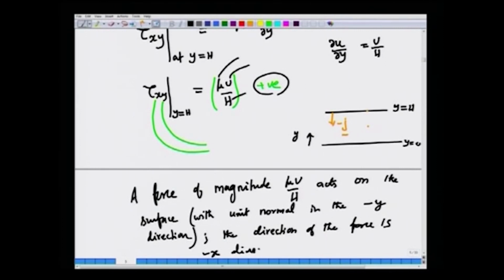This is the sign convention that we followed. Either both the outward unit normal and the direction of force are positive or both are negative. That is the implication of tau x y being positive.